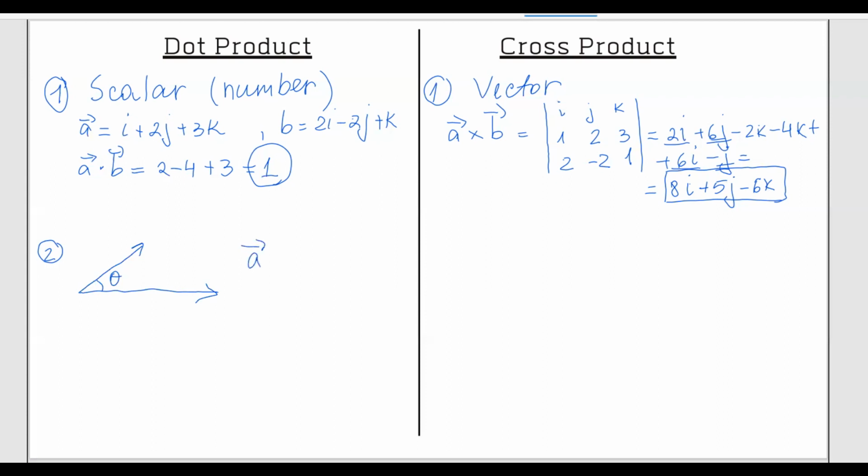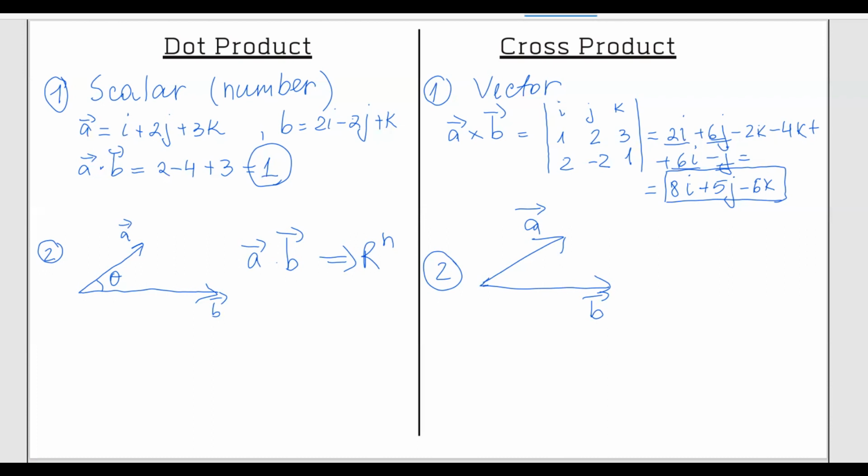So A dot B can be in Rn, any dimension. When we have two vectors, A and B, let me just go back here and do A and B as well.